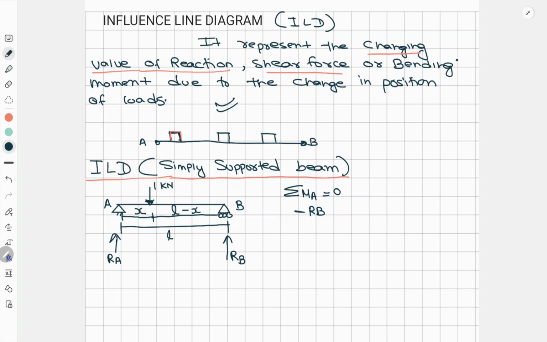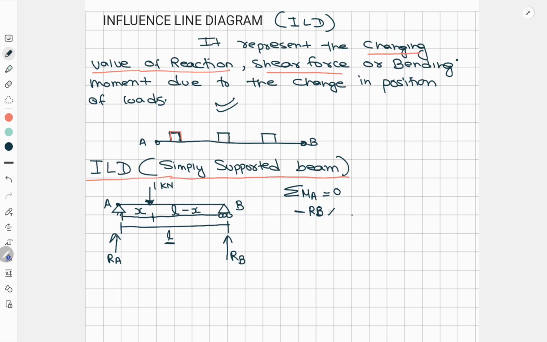And it's acting downwards, so it will be positive. Oh, sorry, I forgot to take the distance. Yeah, so here this RB, and to reach this point, the distance it takes is L, right?